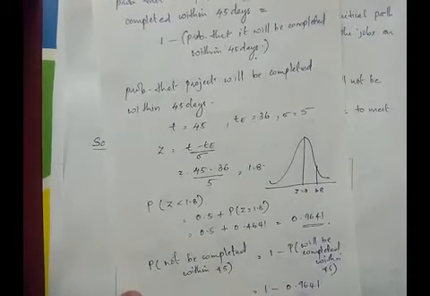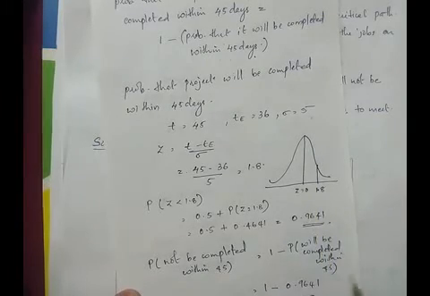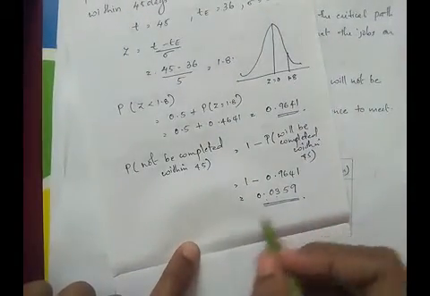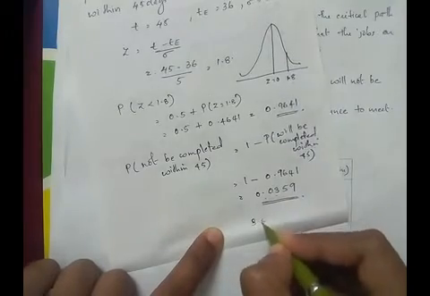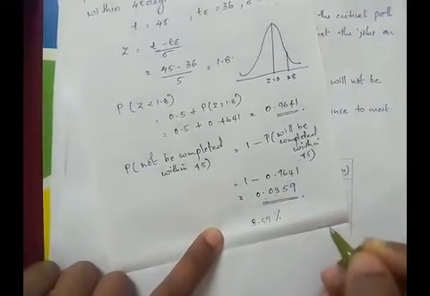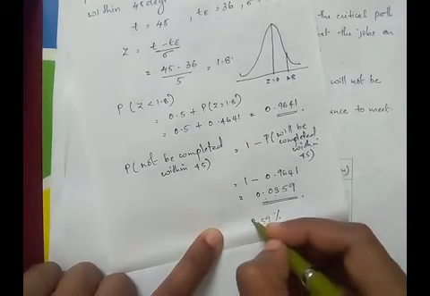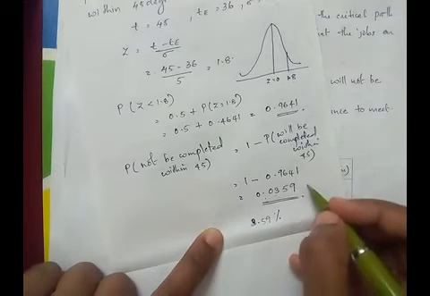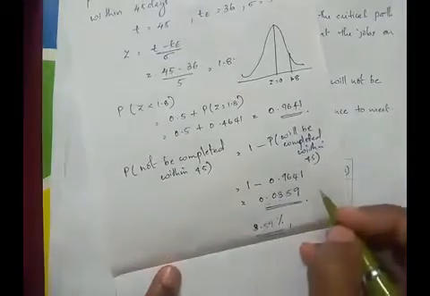Okay, so this is the probability that the project will not be completed within 45 days, which can be represented as a percentage as 3.59%. If the question is to find the percentage, just multiply this probability value by 100 and you can represent it as a percentage.